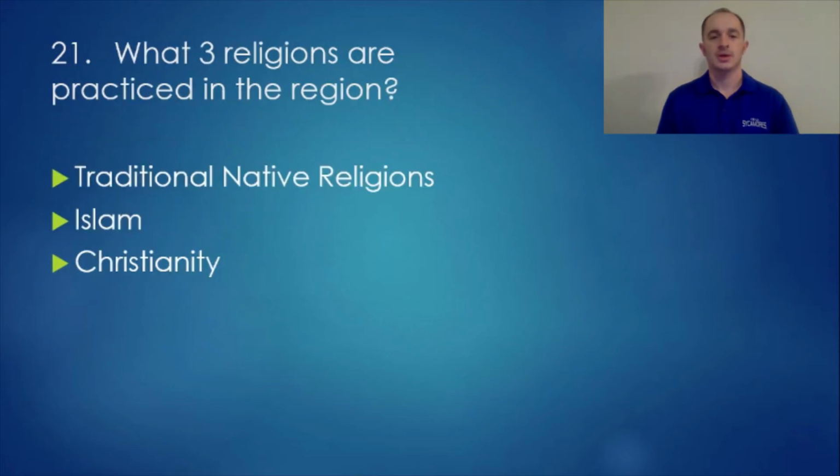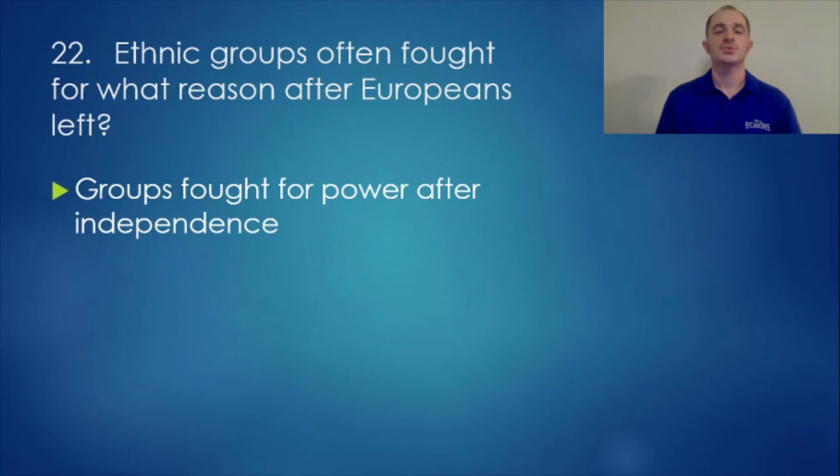Okay, number 21, what three religions are practiced in the region? So we have traditional native religions or indigenous religions, and then we have Islam and Christianity. So number 22, ethnic groups often fought for what reason after Europeans left? So ethnic groups or groups within countries fought for power after independence.